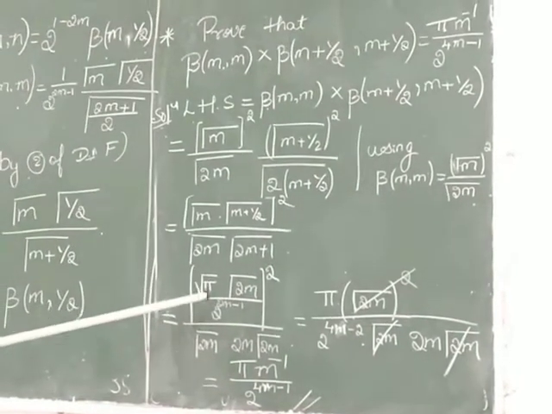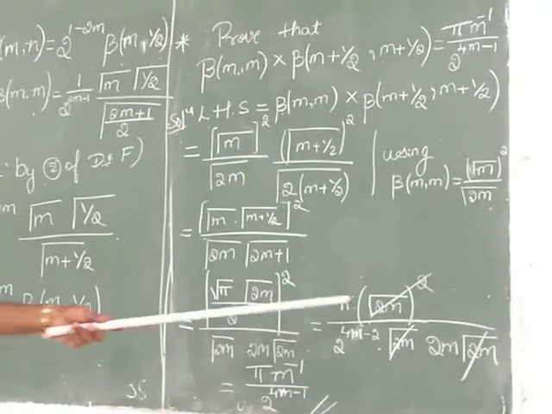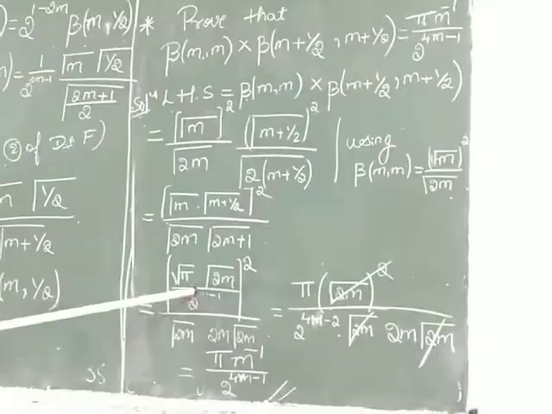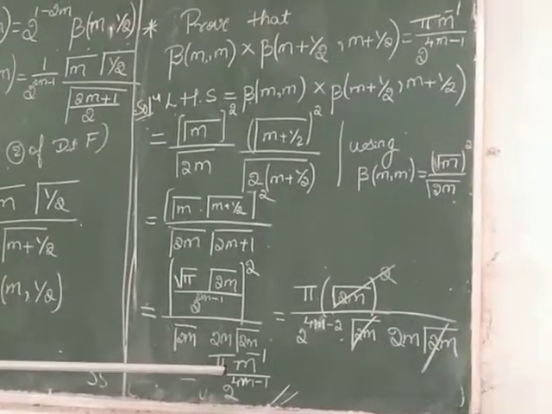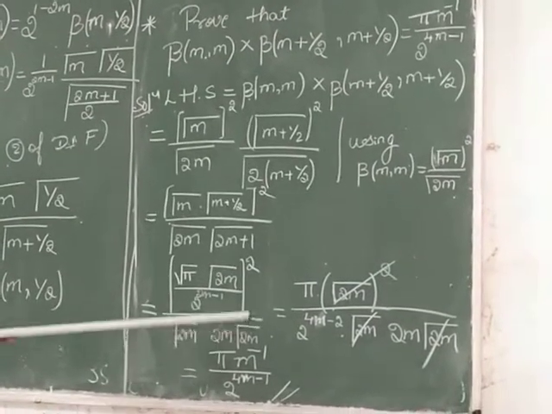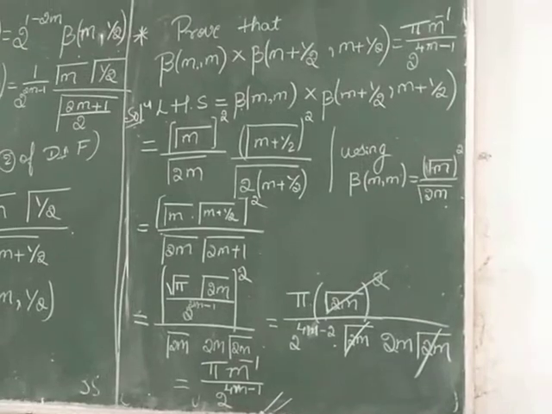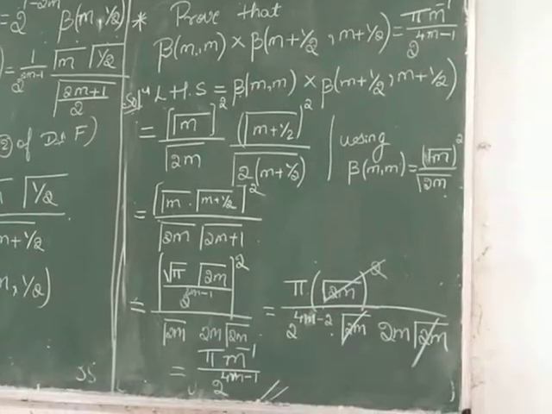You write here root pi whole square is pi. Gamma 2m whole square, you write as it is. And this 2 to the power 2m minus 1 whole square and this 2m may be written as 2 to the power 4m minus 2 into gamma 2m into 2m into gamma 2m.